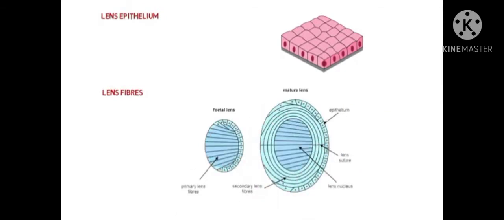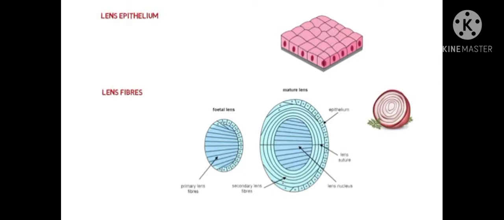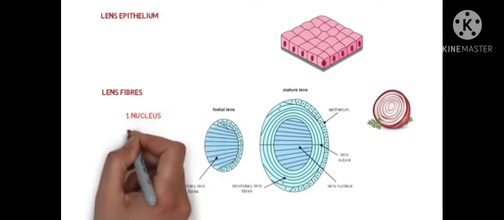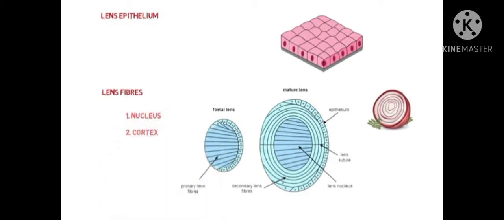Lens fibers make up most of the lens volume and are laid horizontally and concentrically like layers of an onion. Look at this. Yes, it looks like onion peels. So these lens fibers are arranged compactly as nucleus and cortex.